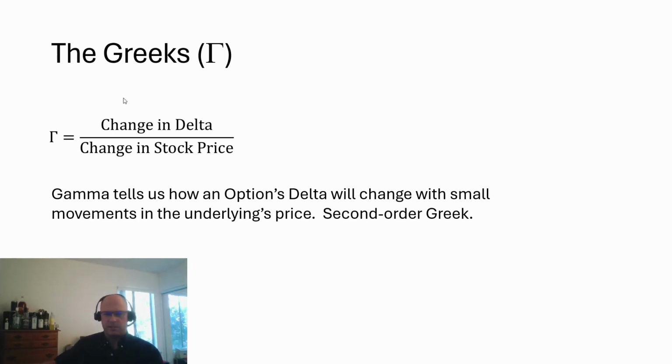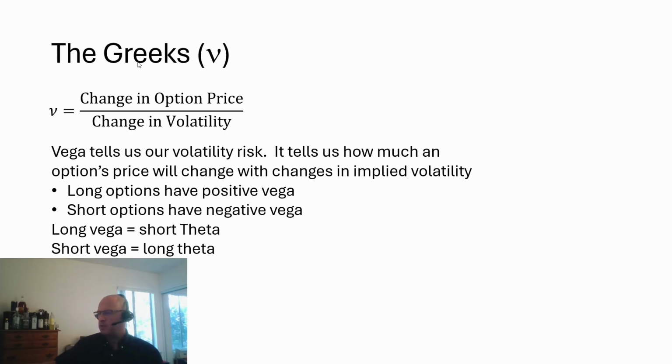So the last on this list for today is going to be Vega, and Vega is the change in option price per change in implied volatility. So again, it's a metric of volatility risk. Okay, long options are going to have positive Vega. So if the stock does not move and volatility increases and you're long that option, it will increase in price, which is good for you.